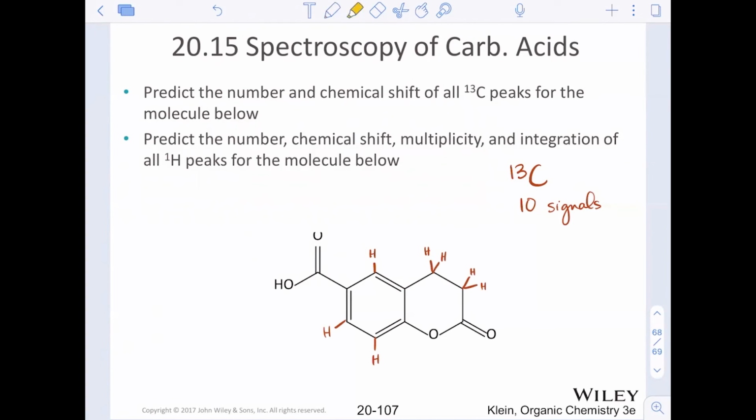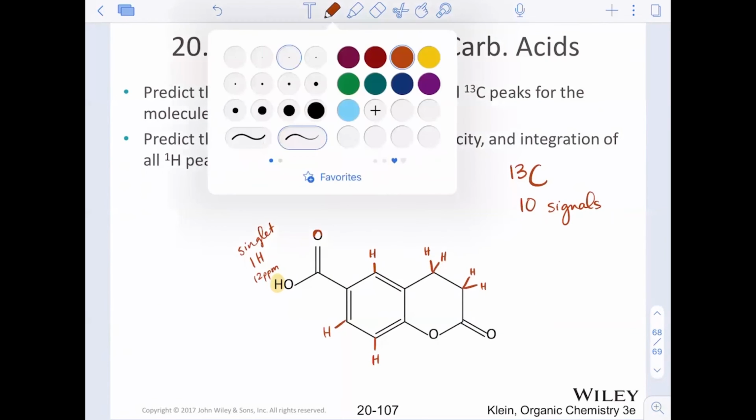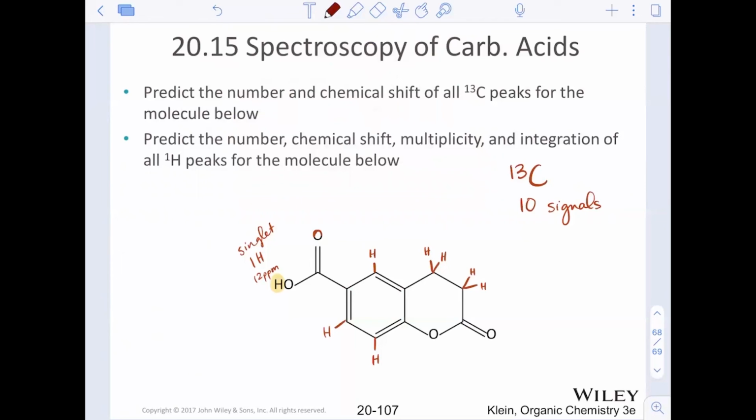Nice. Well, we definitely expect this guy to show up around 12 ppm. He'd have an integration of 1H, and he'd be a singlet. He has no neighbors. He's also attached to an oxygen, so he doesn't go into splitting. I'm going to call this proton 1H, 1H, and 1H.